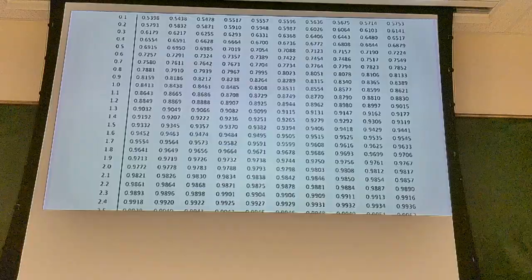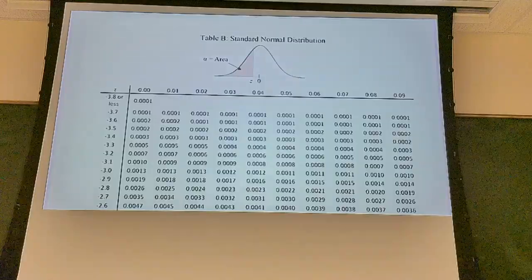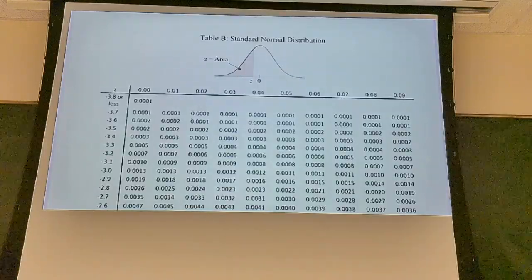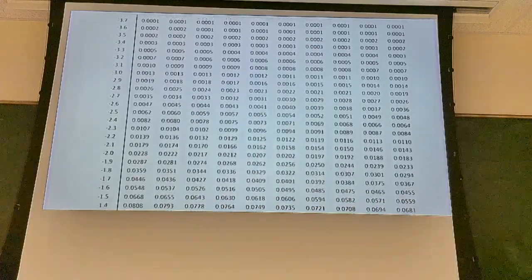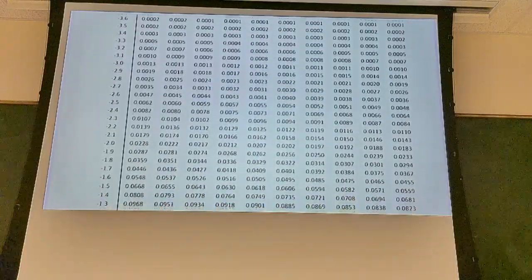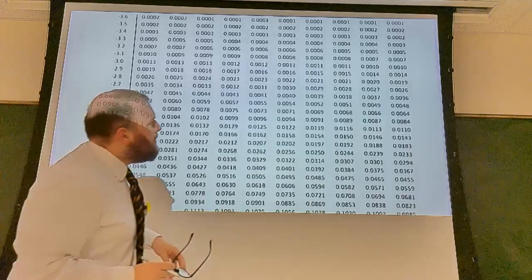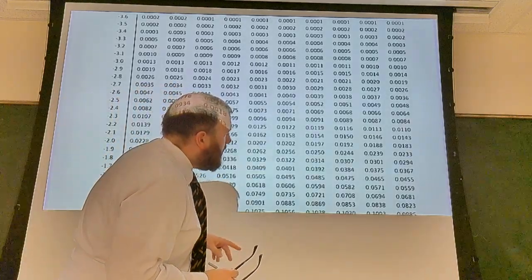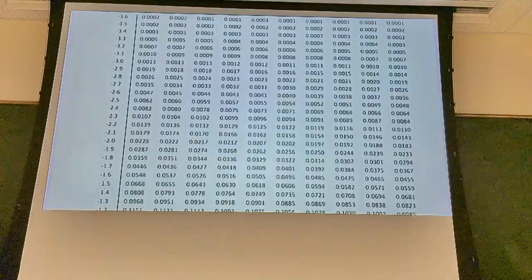So we've already determined it's going to be a negative z-score, so we'll come up here, and we're looking for 0.1. Why is it not showing on there?